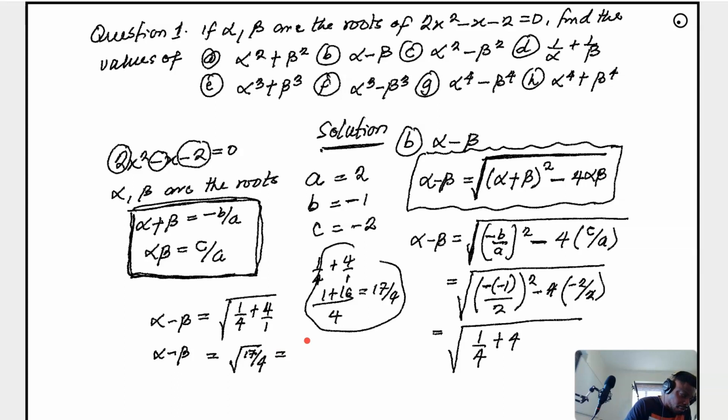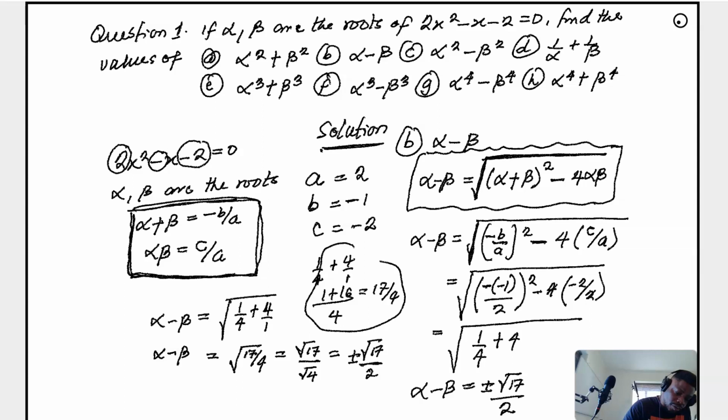So now, 17 over 4, that means alpha minus beta is equal to root of 17 over 4. And root of 17 over 4 is the same thing as root 17 over root 4. We agree. So this will be root 17. What is the square root of 4? That is plus or minus 2. So in this case, we can now generally say alpha minus beta is equal to plus or minus root 17 over 2.